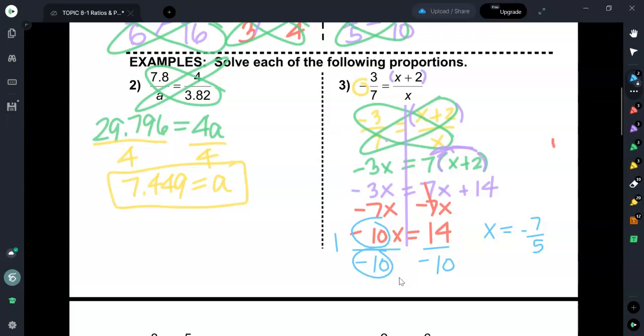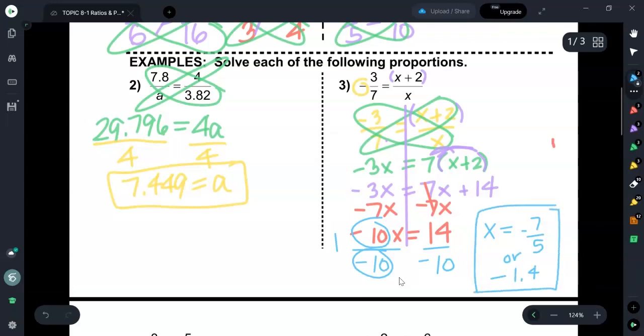So I'm going to do -7 divided by 5, and I get -1.4. So that could be also -1.4. So this is how you do the proportions and how you solve proportions.